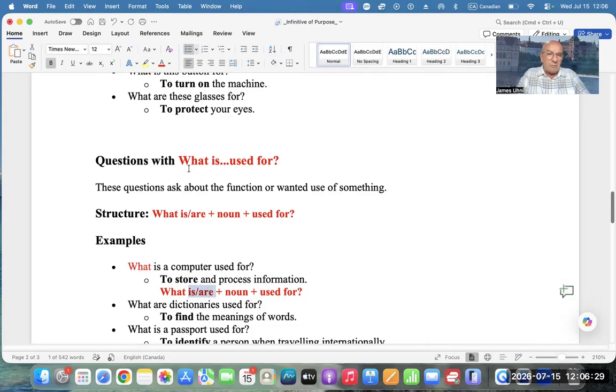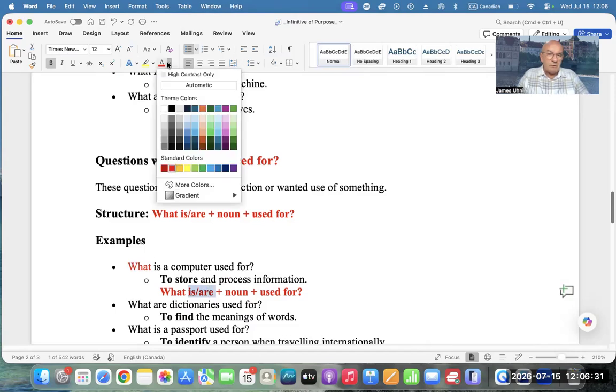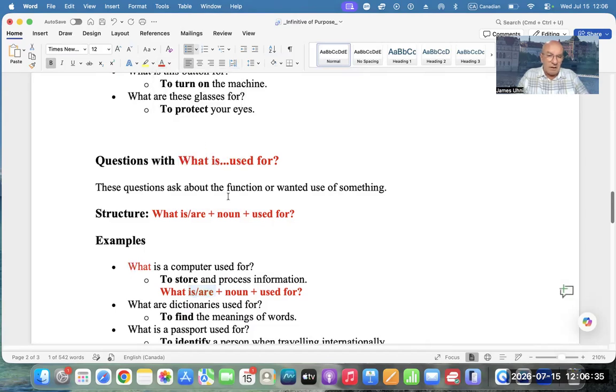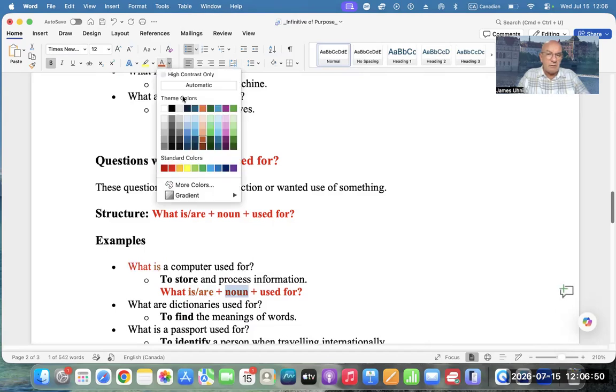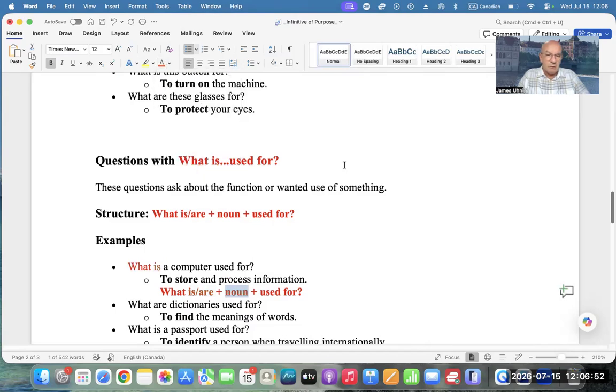I'll make it blue because it's a different question, or brown. I like it brown. So we have is. And then we have noun, which I will make again orange to make it easy. And used for stays red as it is over here.